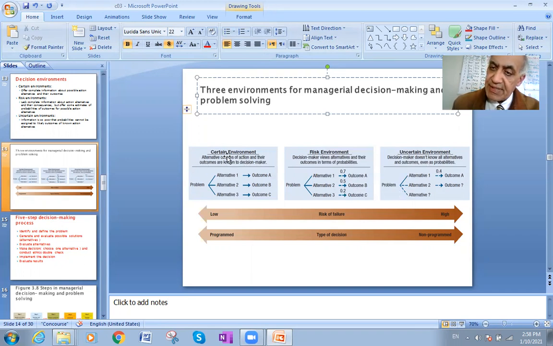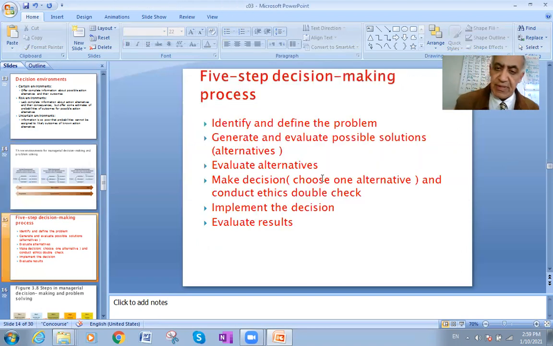Certain: everything is known, the alternatives are known very well, the decision makers are known, information is known. Uncertain: completely unknown about the circumstances and the data. I don't have data, I don't have information, I don't have anything to help me in decision making. In between them is the risk environment, where I set a probability distribution. I say, yeah, your tie might be brown, but I'm not quite sure. I just have to see it first. Okay.